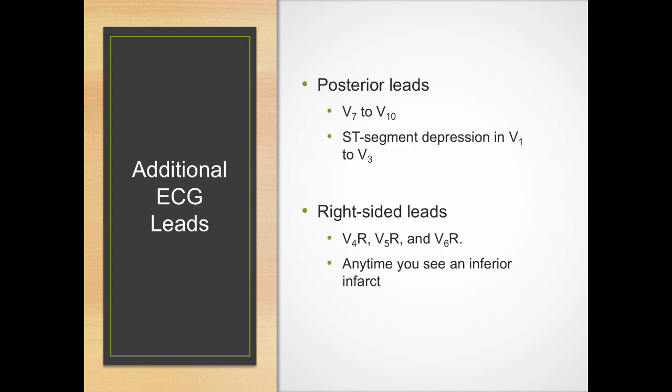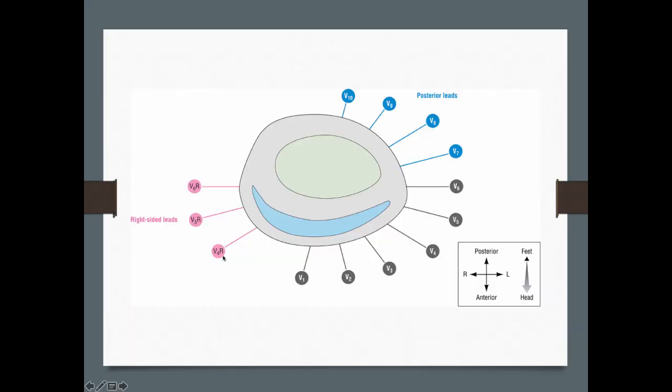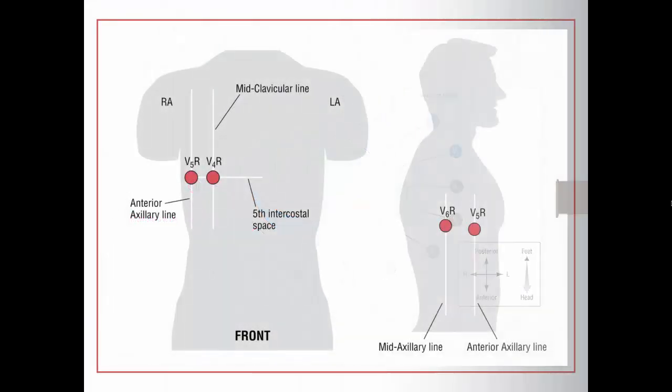So looking at V4R, V5R, V6R looks at the right ventricle. All in combination, our right-sided leads are V4R, V5R, V6R. Look around the side of the right ventricle. Our posterior leads, V7 through V10, look around the posterior side of our left ventricle.